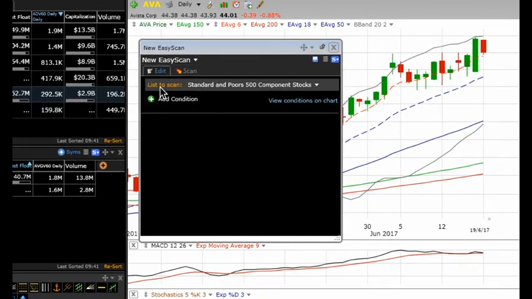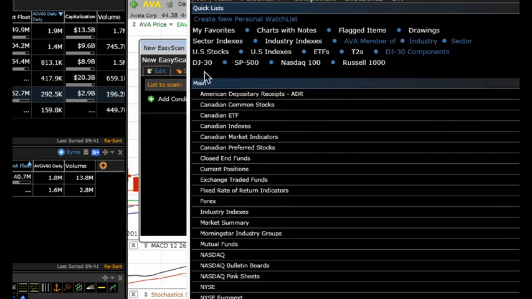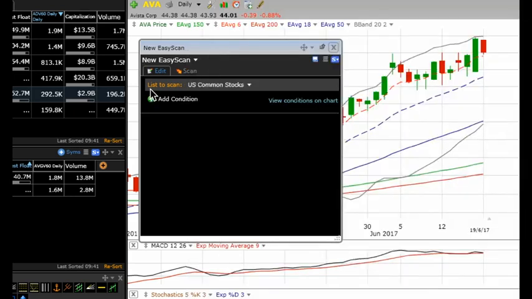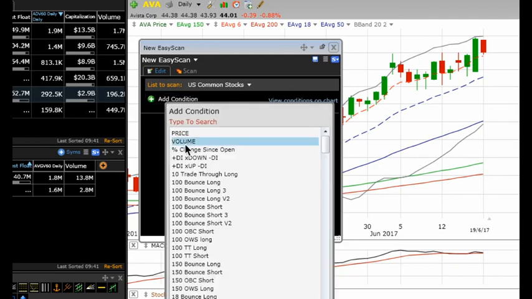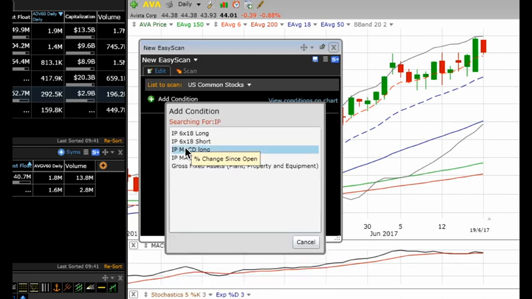So how do we create an easy scan? Now, first of all, you have to indicate the list to scan. So I want to scan for all US stocks. So click on US stocks here. All right, list to scan US stocks. Next, add my condition. What's my condition? So the first condition would be the IP 6x18 long, which is the script we just wrote, right?